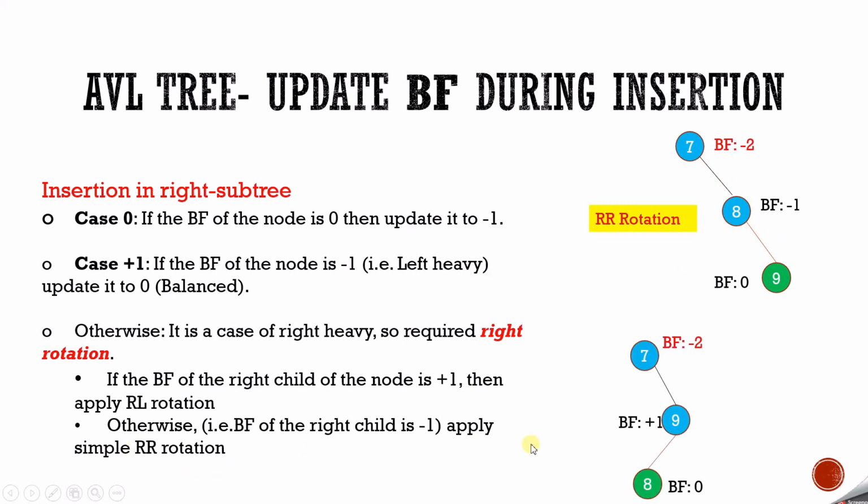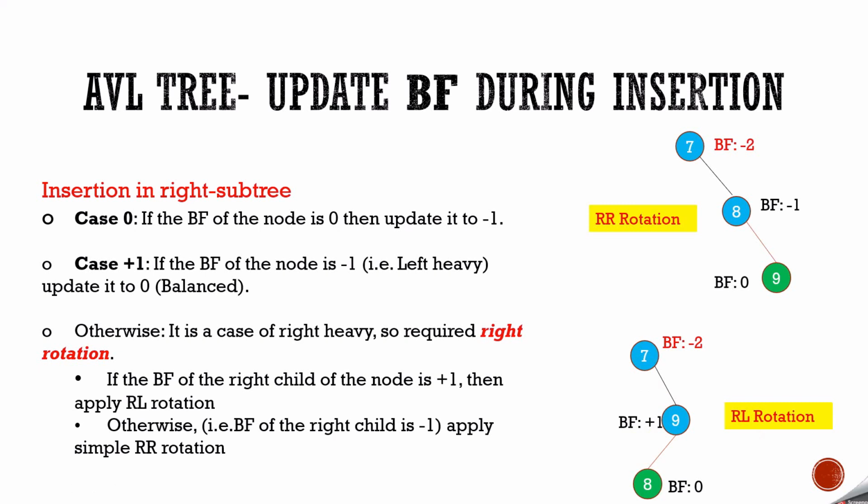And in such a case, where a new node has been added in the right subtree, and the node whose balancing factor is not within +1, 0 and -1, it crosses that, and its immediate left child has balancing factor +1, in that case I have to do LR rotation.